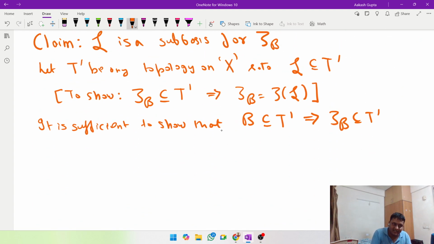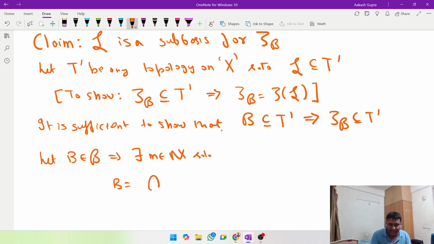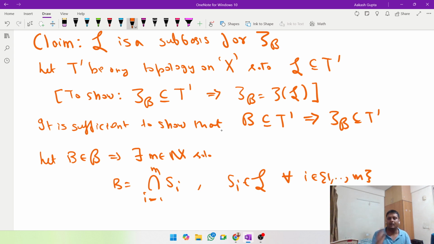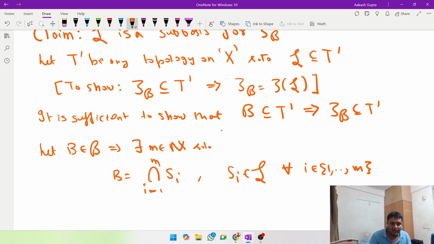Why? So let us take a member. Let B belong to script B. This implies there exists an M in the natural numbers such that B is some finite intersection of members S_i of script S, for every i from 1 to M. Let tau prime be a topology such that script S is contained in tau prime.